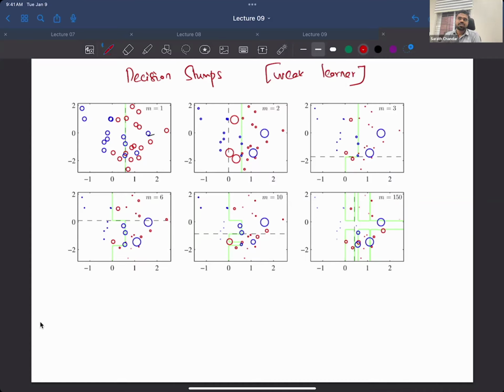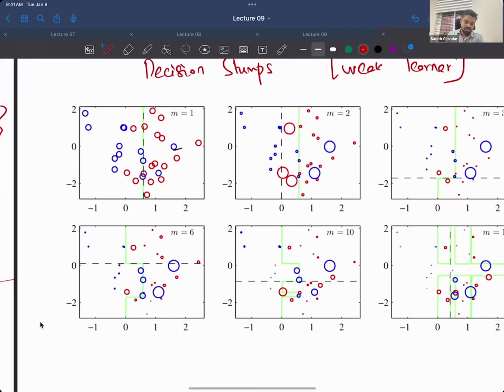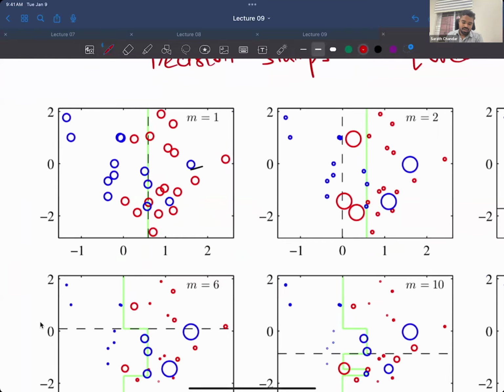Now, how does a decision stump work? Let's start with this example. We have a bunch of examples here, red circles and blue circles, and I want to classify the red circles from the blue circles.